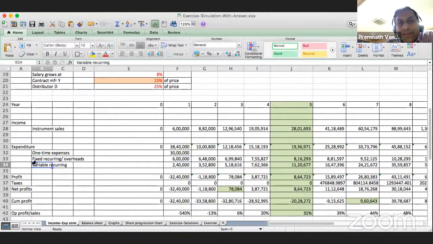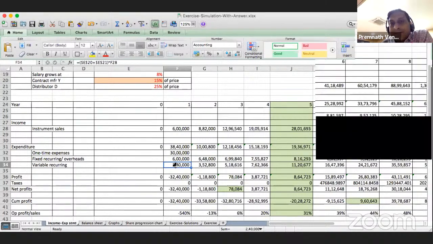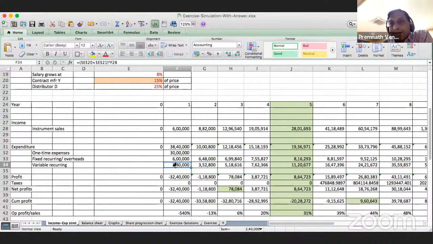What is the variable recurring cost out here? So it's 15% manufacturing and 25% distribution, right? So it's 40%. 40% of 6 lakhs, which is 2.4 lakhs.